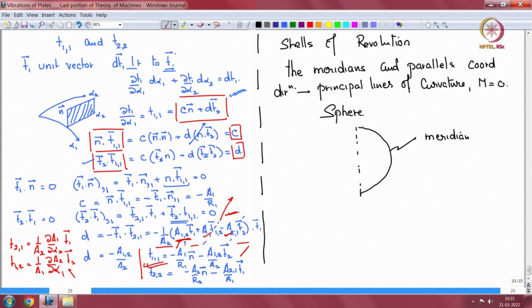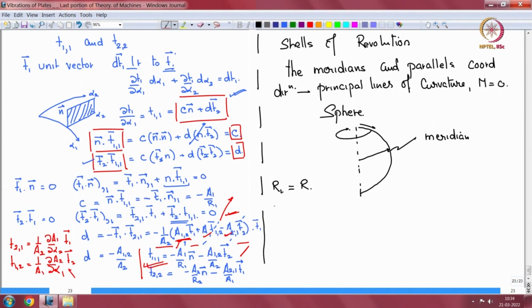So if we take one coordinate along this and the other coordinate along this, okay, then they form the principal lines of curvature. And so one radius of curvature is thus just the radius of the meridian, which is in this case r.